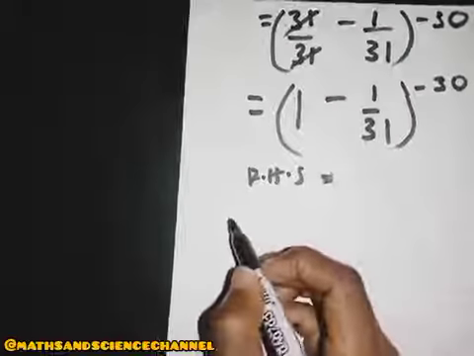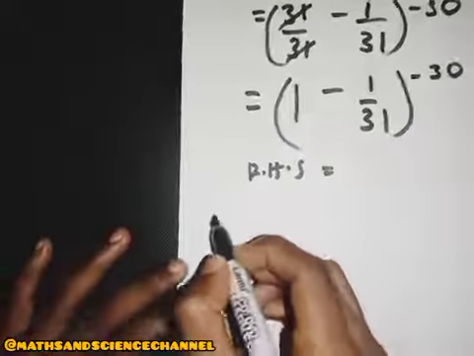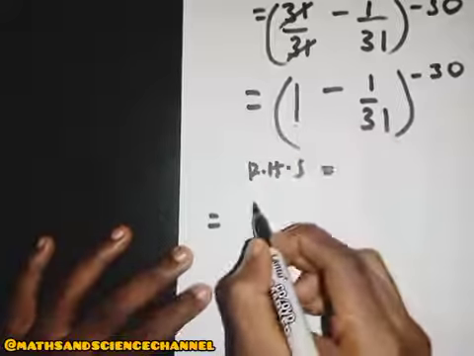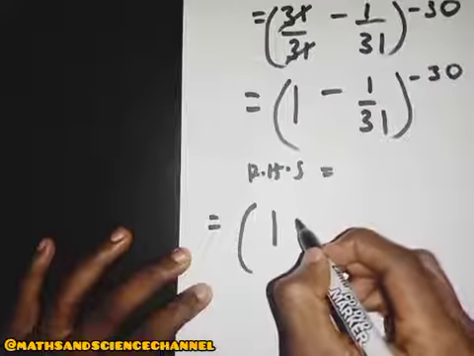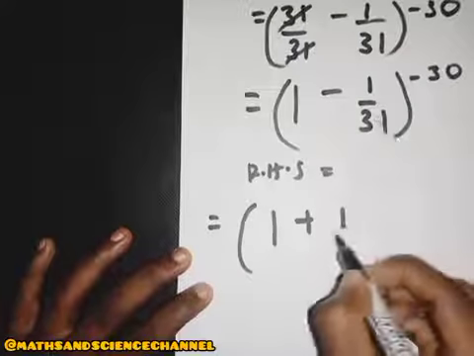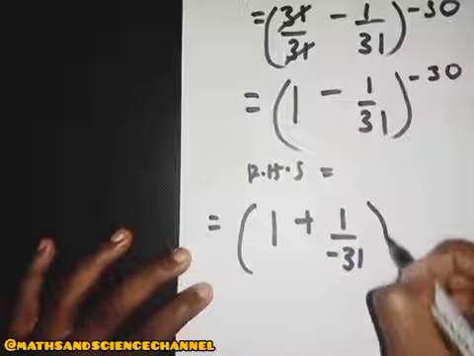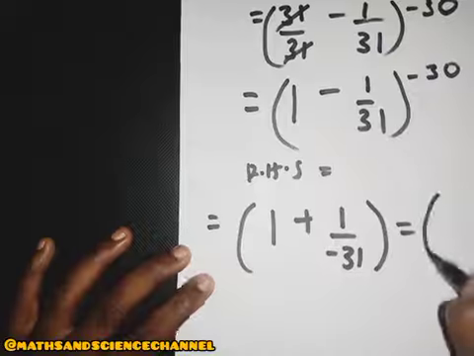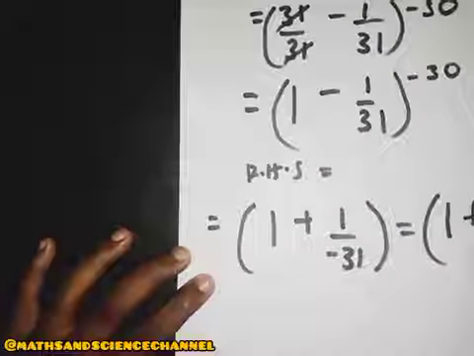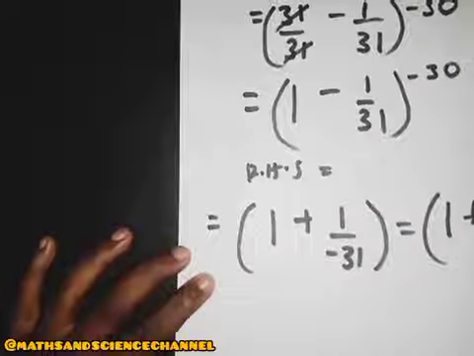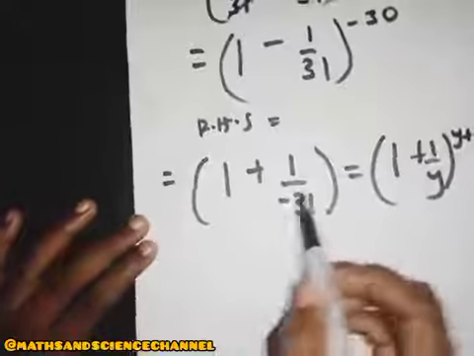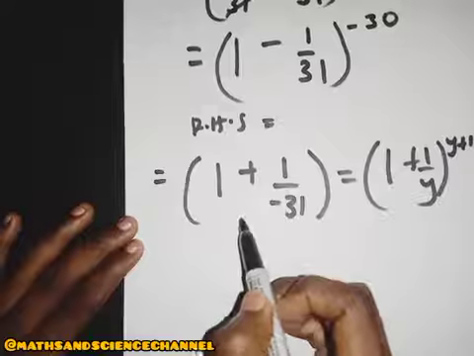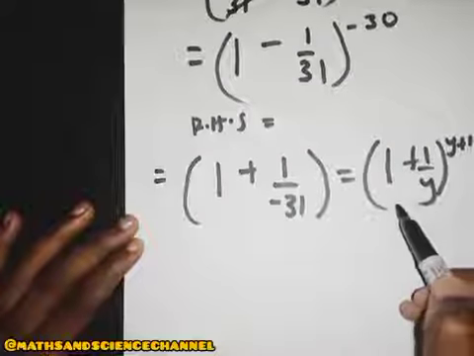The right hand side is just, to make it look similar, 1 over, then we can bring the negative 31 here, and then the right hand side is just 1 plus 1 over y, to the power y plus 1. Now if you look at it, they look similar, right? The left hand side looks similar to the right hand side.